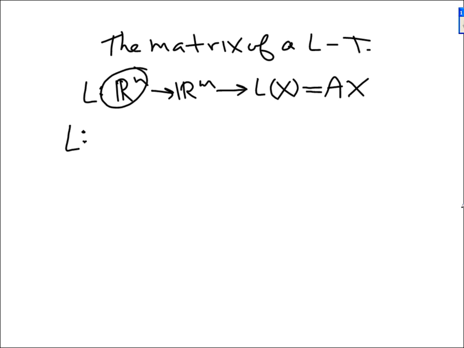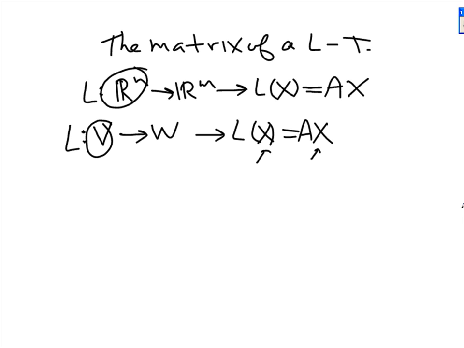If L is a linear transformation from a finite dimensional vector space V into a finite dimensional vector space W, and the dimension of V is not 0, and the dimension of W is not 0, that is, they have more than just a 0 vector, then there's a matrix A such that L of x is the same as A times x, no matter what x you pick from V. So a matrix exists for any linear transformation.